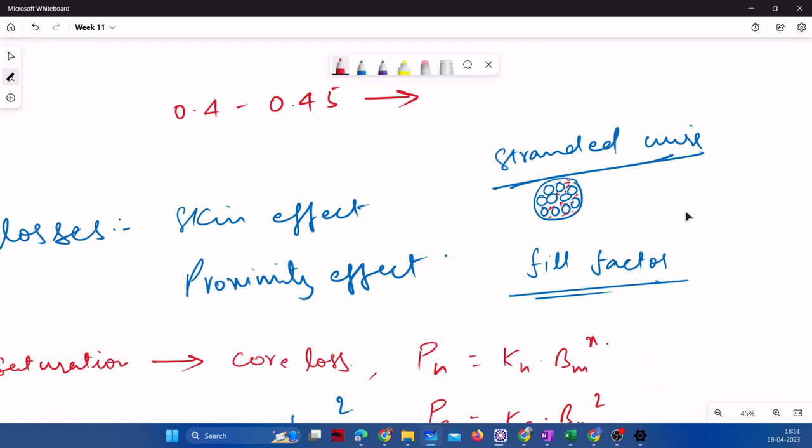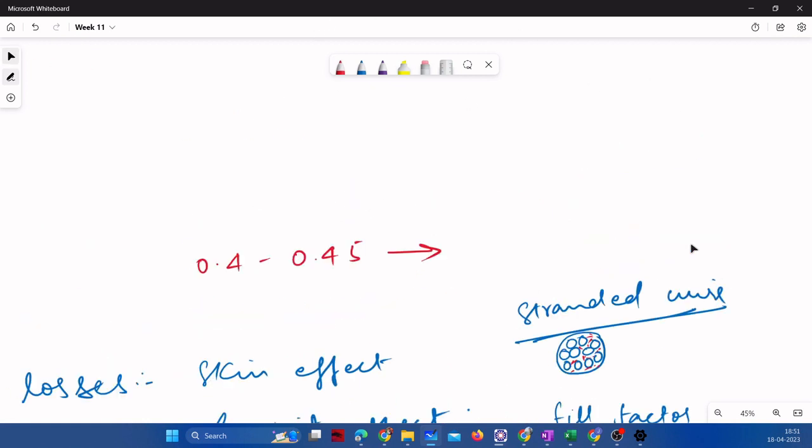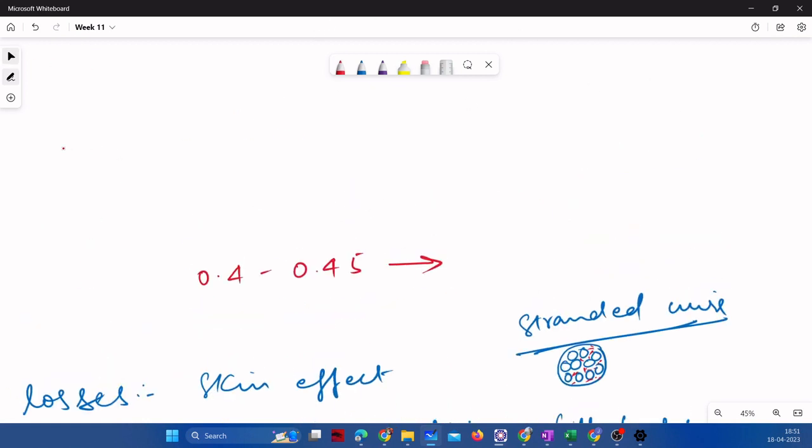So to overcome this, people came up with stranded wire, which Mr. Dhananjay just mentioned. It has very, very small strands. Even with this kind of stranded wire, if you have such a high frequency, there might be a possibility of certain AC losses.